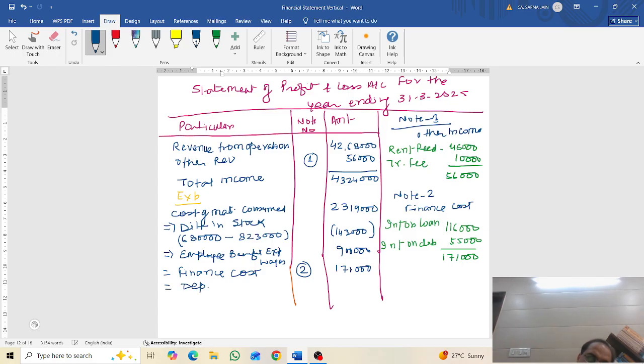Next item is depreciation and amortization. But depreciation and amortization is not given in the question. And the last item is other expenses.